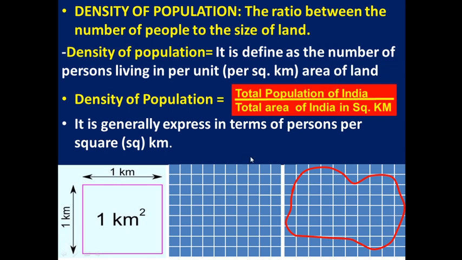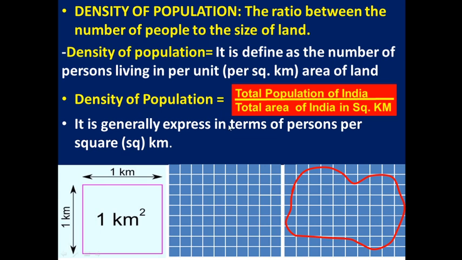If we divide the total population of India by the total area of India, we will get 382. So we express it as 382 persons per square kilometer. That is the density of population of India.